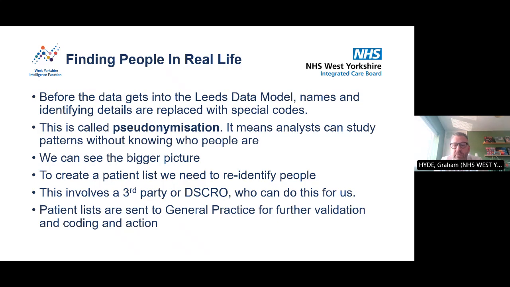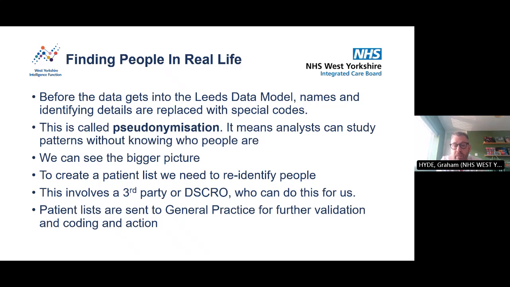So how do we find these people in real life? I've been talking that we aren't able to see names and NHS numbers. As I said before, the data gets into the Leeds data model, and names and identifying details are replaced with special codes. This is called pseudonymization.